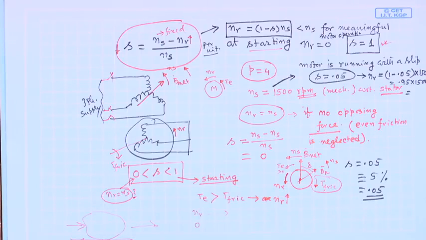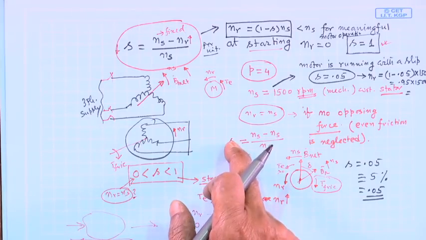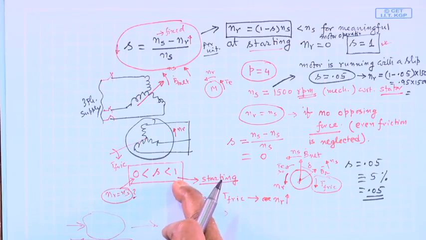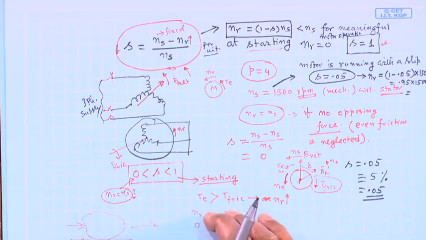Okay, ideal condition it is when there is no opposing torque or opposing force, then only rotor can run at Nr equal to Ns. At starting, of course, slip value is always 1 and slip may lie between 0 to 1, any value it looks like, and then I told you what happens when there is opposing force present.